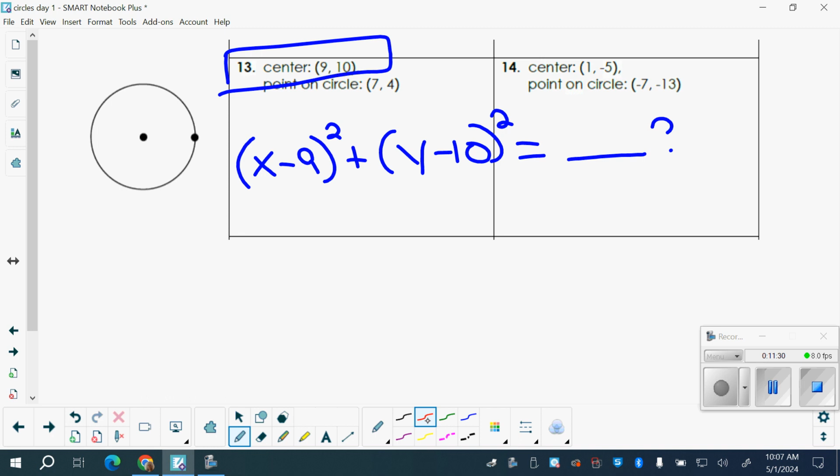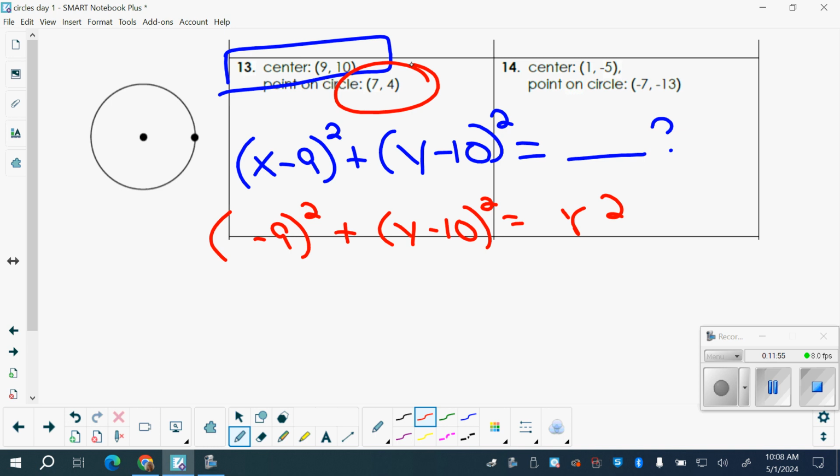Do you guys all agree that right now we have x minus 9 squared plus y minus 10 squared will equal r squared? Is everybody cool with that? Have I lost anybody? So here's what I'm going to do. I am going to pop out that x. And I want you to go up to this guy right here.